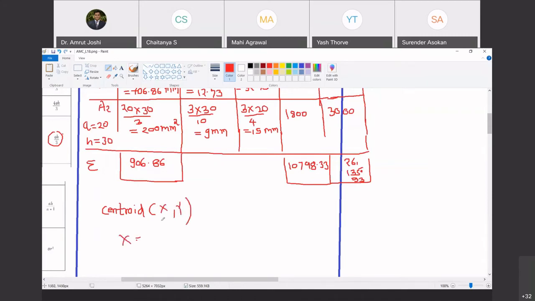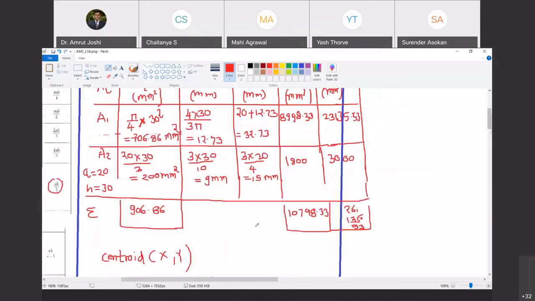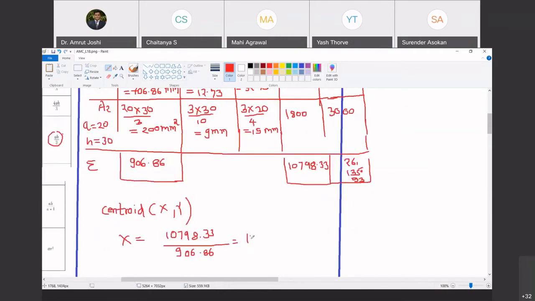It is summation AiXi, that is 10798.33 divided by 906.86. Are you with me? Yes, sir. So tell me how much is that? 11.907 mm.